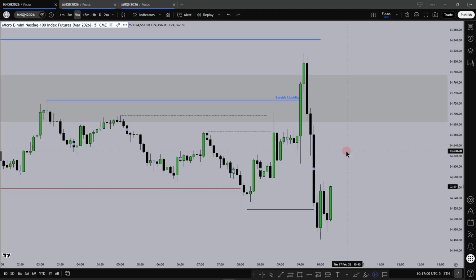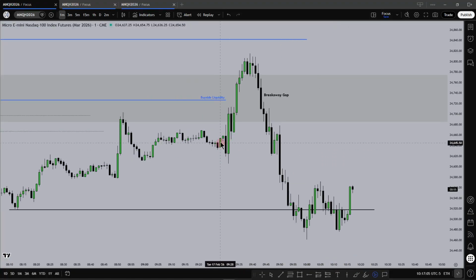The lower time frames will be more choppy and a lot more back and forth, where we return to PD arrays constantly, we return to fair value gaps, we return to order blocks once we've already traded to them.